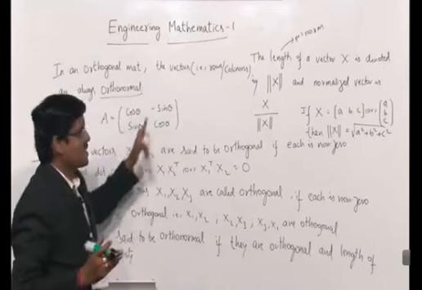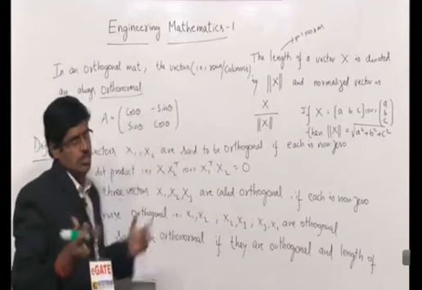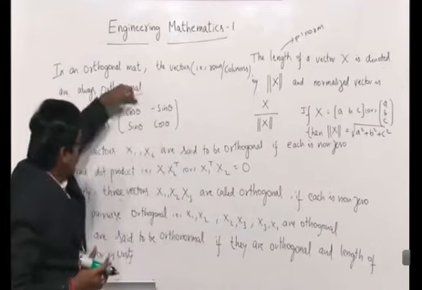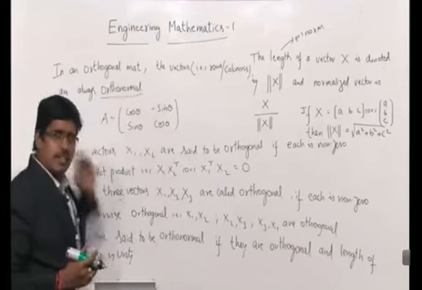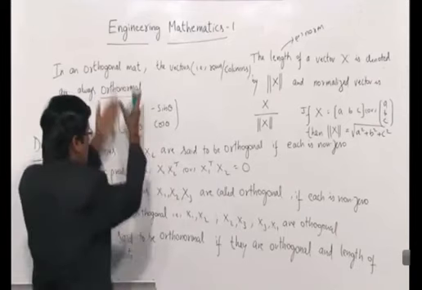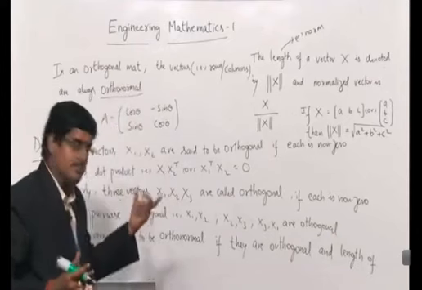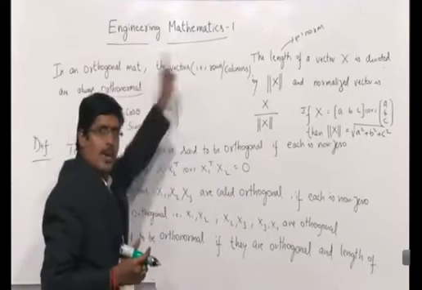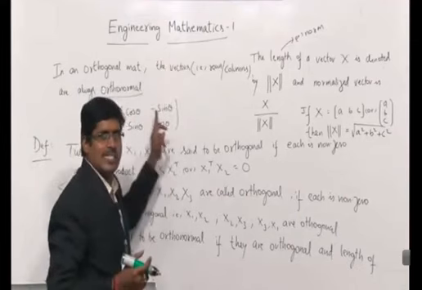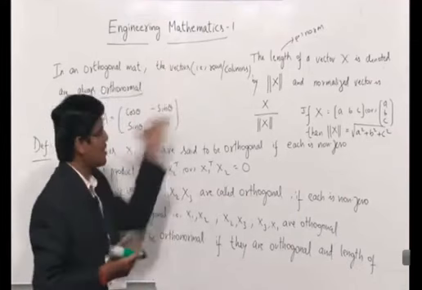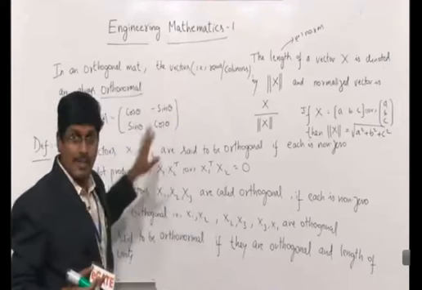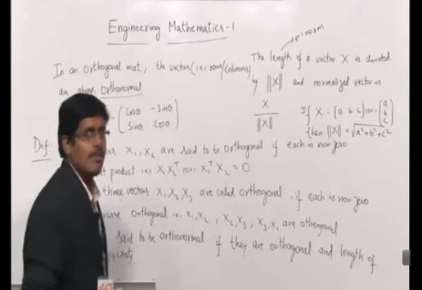Cos into minus sin plus sin into cos gives 0. Similarly, row-wise, cos into sin plus minus sin into cos gives 0. Length of each column: root over cos square theta plus sin square theta, 1. Similarly, for this column, root over minus sin theta whole square plus cos square theta gives 1. Similarly, you can check row-wise. That is called orthonormal vectors, which is true for any orthogonal matrix.